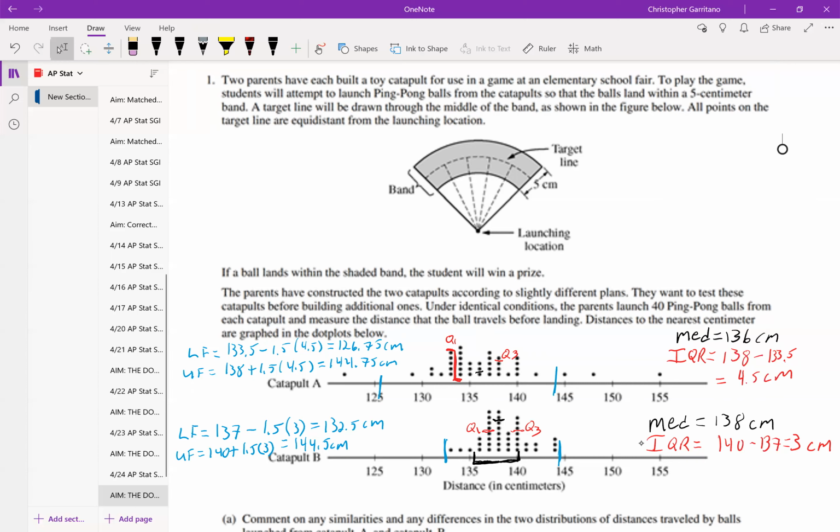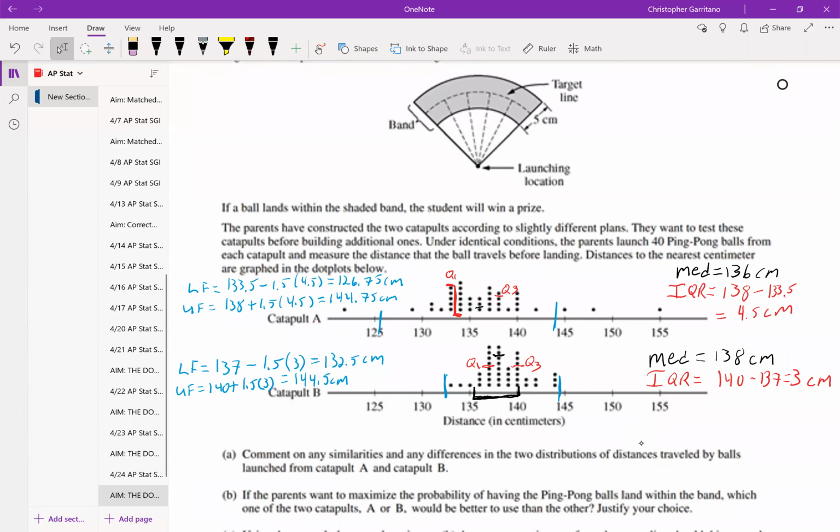Sometimes there are extreme values that may be outliers and may not be. If you say that they are outliers when they're not, you might get points deducted for that. You might be penalized. So just be careful.